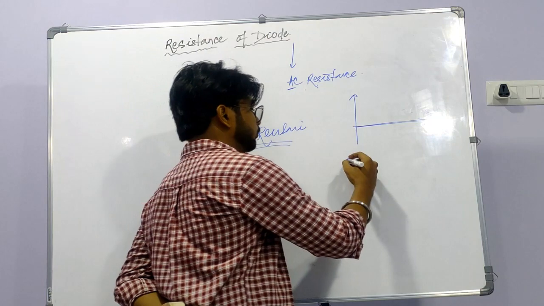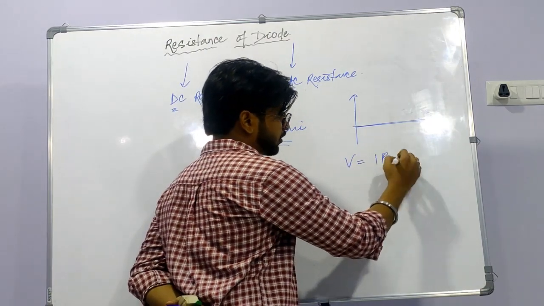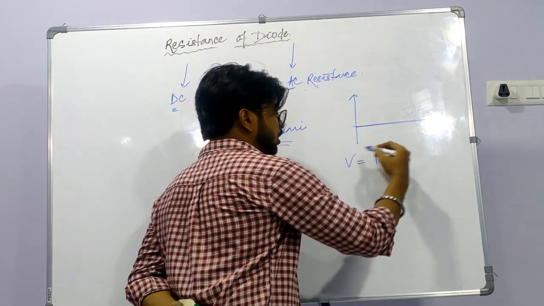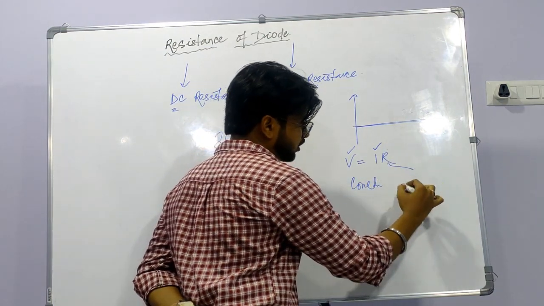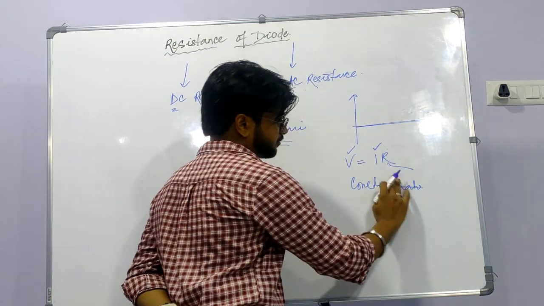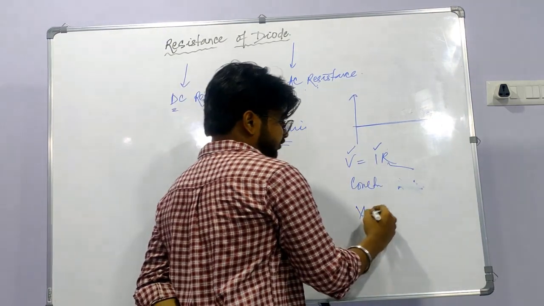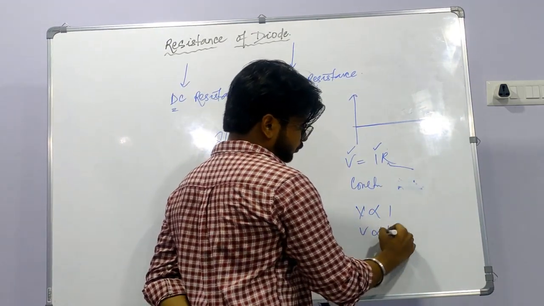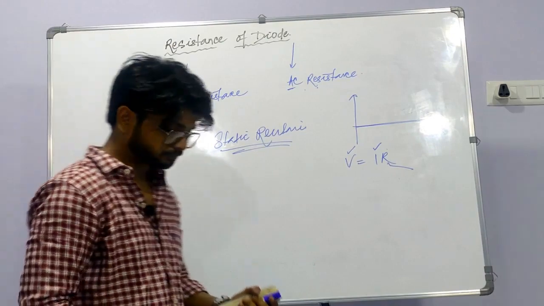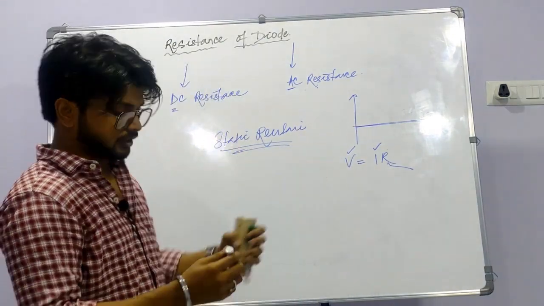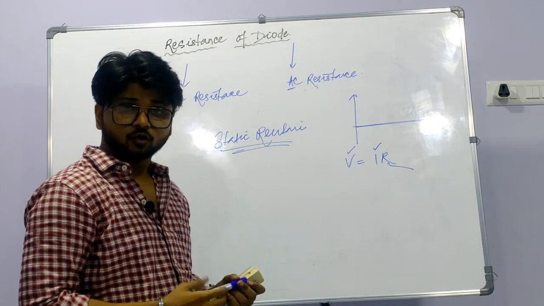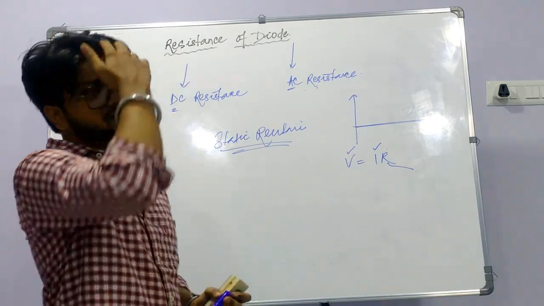Following Ohm's law, V equals IR, if V and I are constant, then R has to be constant, because V is proportional to I and V is also proportional to R.